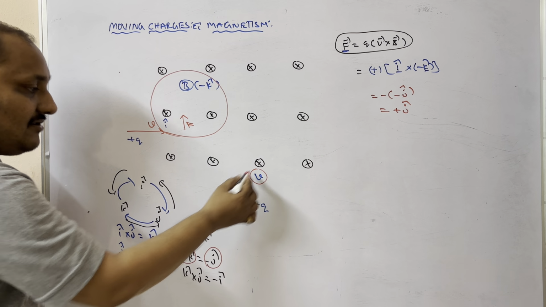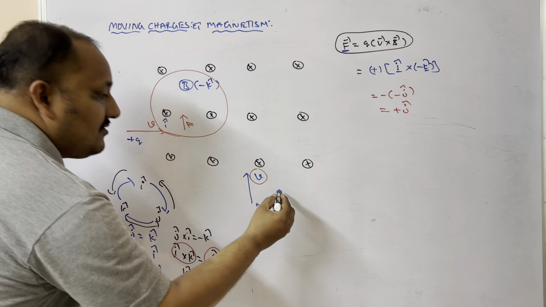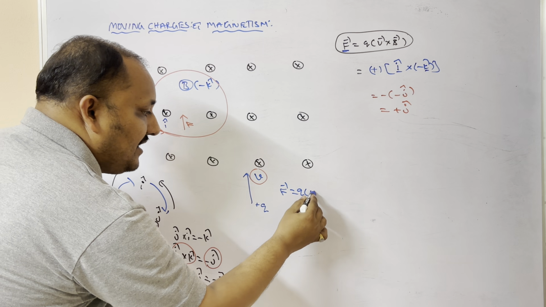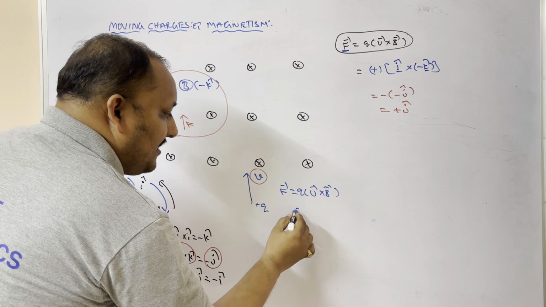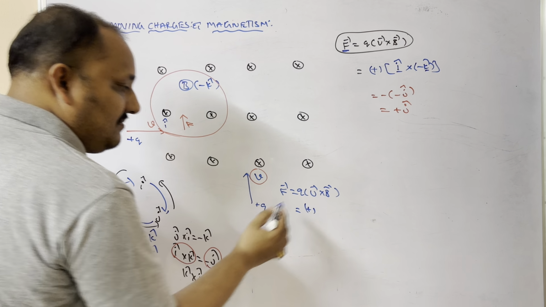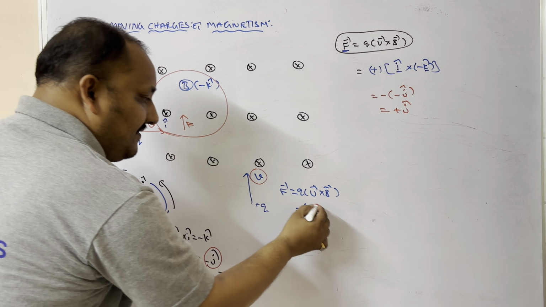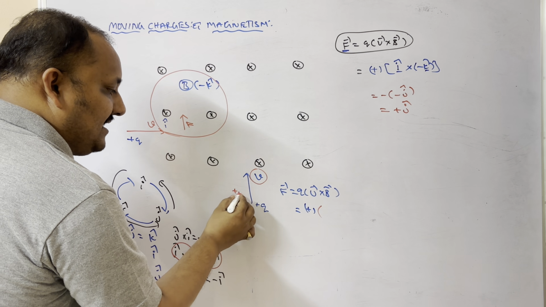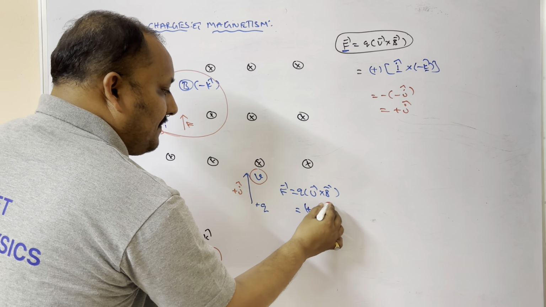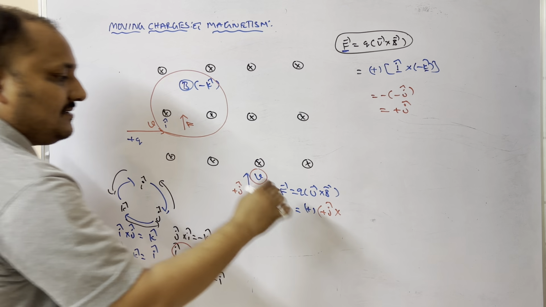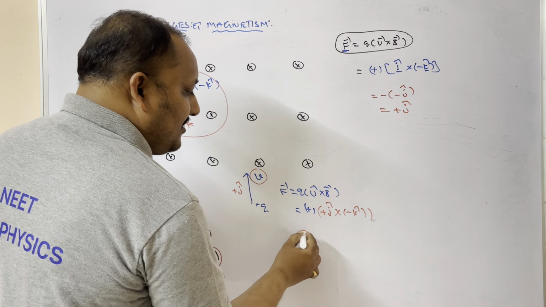Now, see in this case how the force is acting. F bar is equal to Q into V bar cross B bar. Positive charge, plus Q. What is the V bar direction in this? Upwards means plus J cap. B bar is minus K cap, that is not going to change.